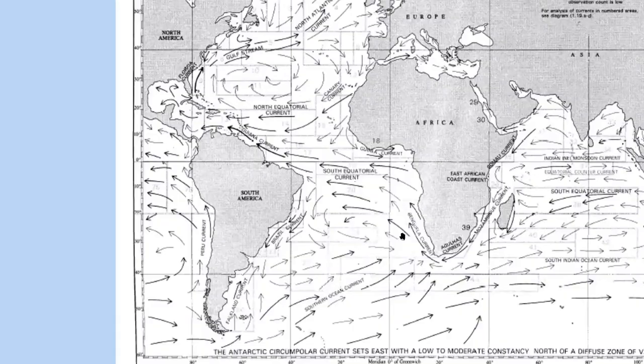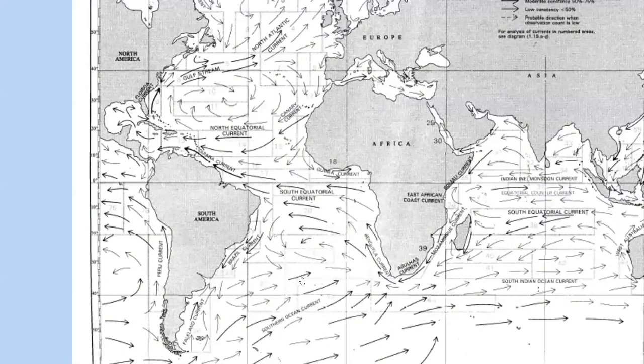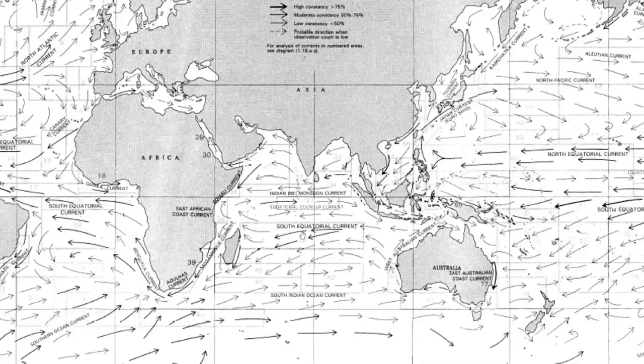So as you can see, the South Atlantic current and also the South Equatorial current. And in the Indian Ocean, we have also the South Equatorial Current and the South Indian Ocean currents, which form a counterclockwise circulation because it is already in the southern hemisphere.